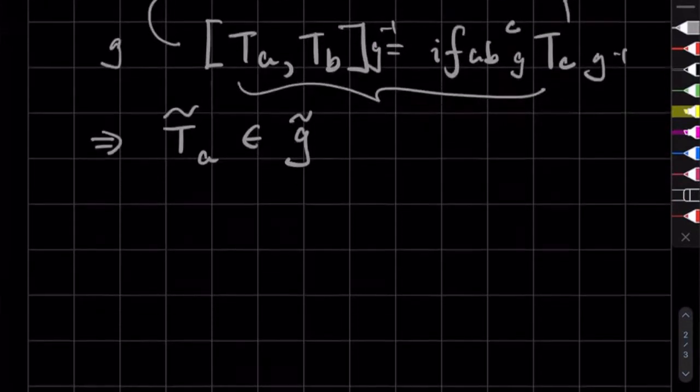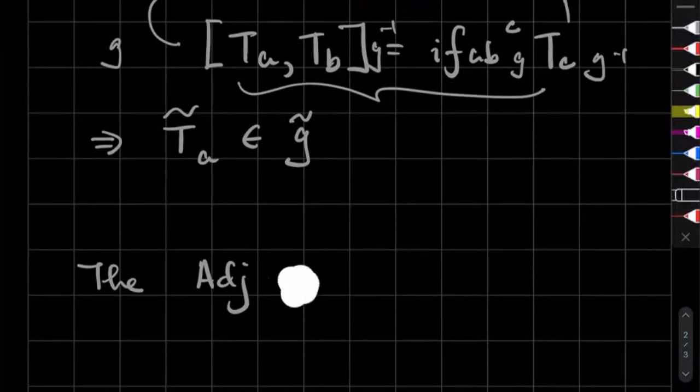So this motivates the claim that the adjoint map is a representation of G. The adjoint map, we use the capital A here because there's going to be another adjoint map, which will be the map on the level of the Lie algebra.